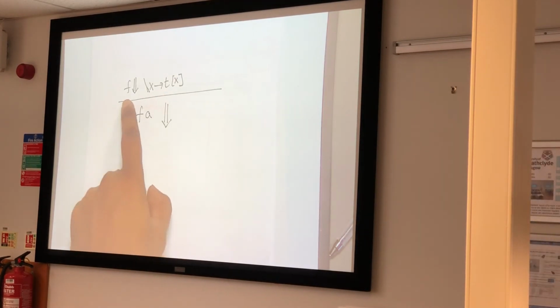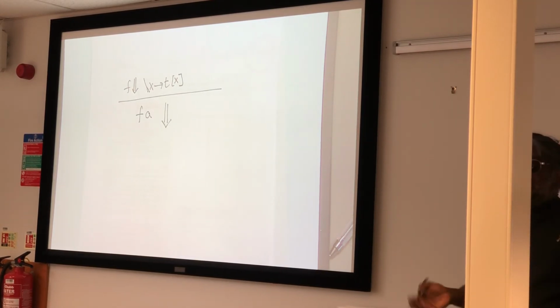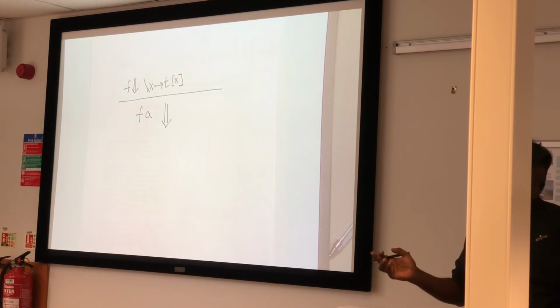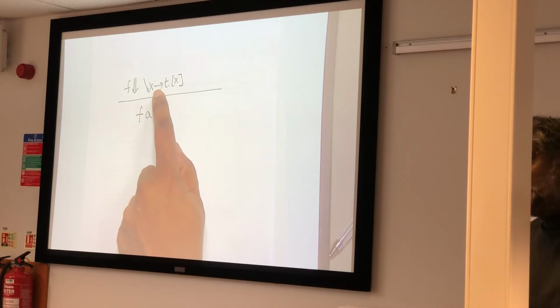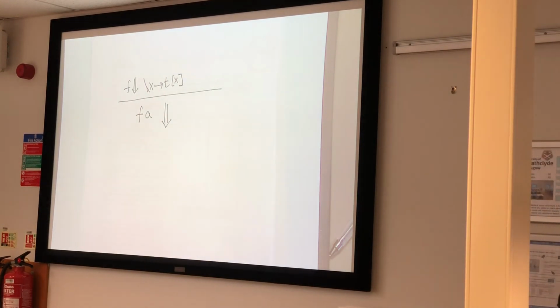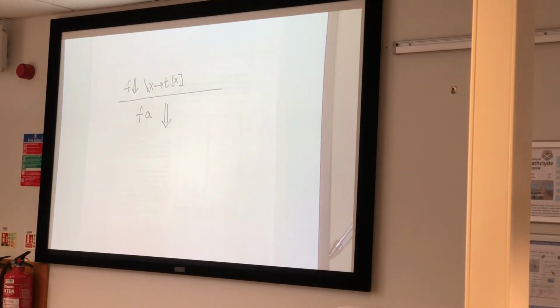I could have written f reduces to v, but then later on, what do I do with this v? I don't know anything about it. It could be 7. And what is 7 applied to a? It doesn't make sense. So I'm being more restrictive. I'm saying f has a meaning, and it must be a lambda term. Great. Okay. What's next?